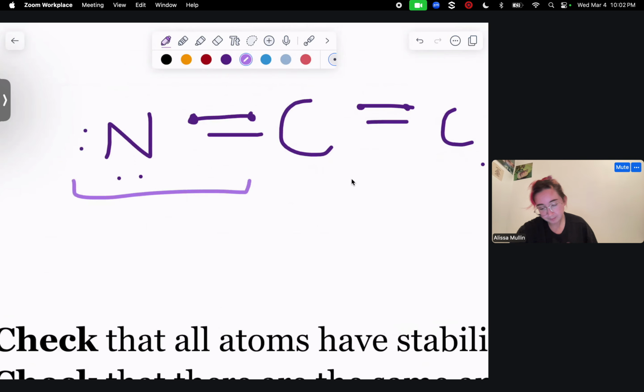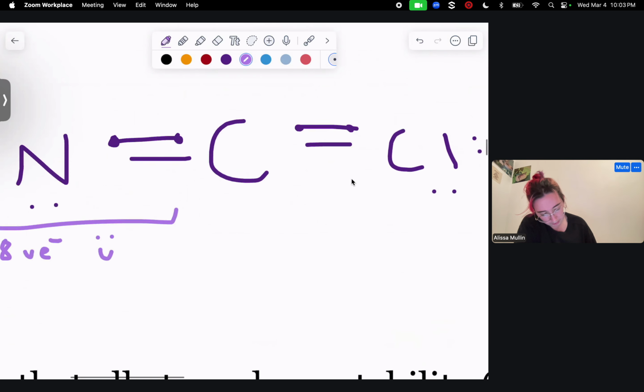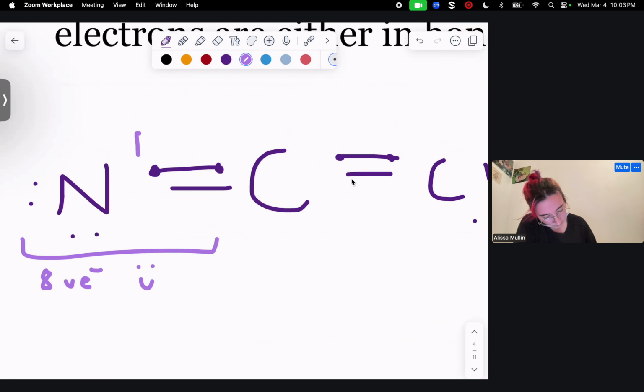If I draw it this way, nitrogen has 1, 2, 3, 4 dots. And then 2 lines. So 4 here, and then another 1, 2, 3, 4 over here. So nitrogen has 8 valence electrons, which is the whole point, right? It's happy. Smiley face not required, but let's have some whimsy up in here.